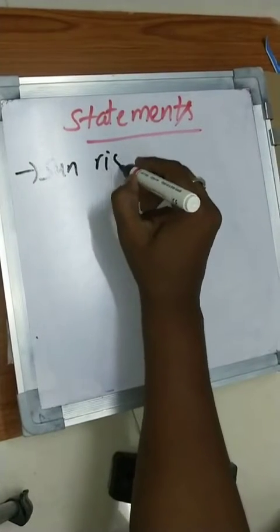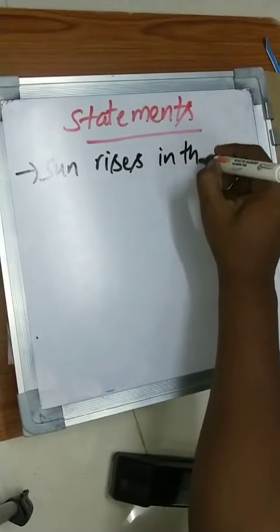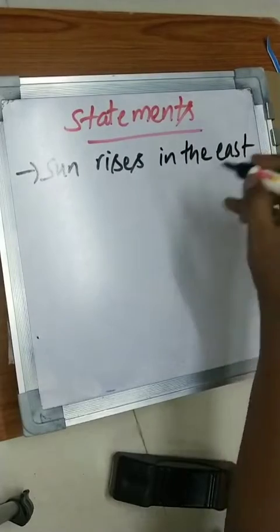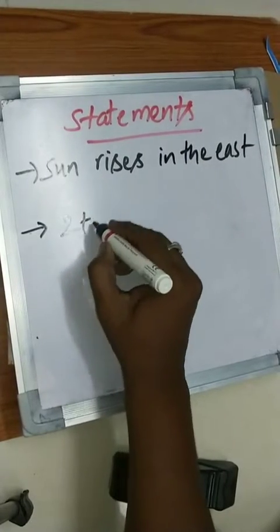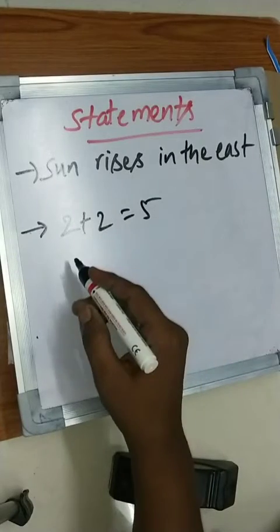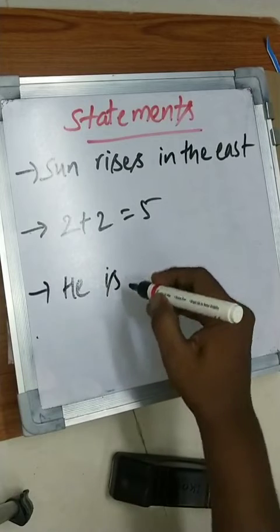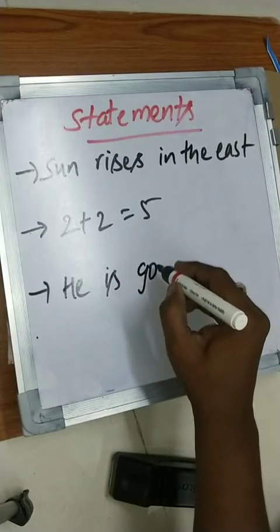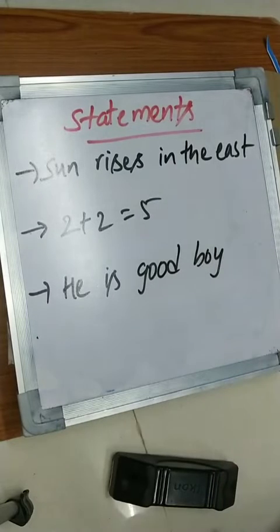Sun rises in the east. Let me take a couple of examples here: 2 plus 2 is equal to 5, and one more, he is a good boy.